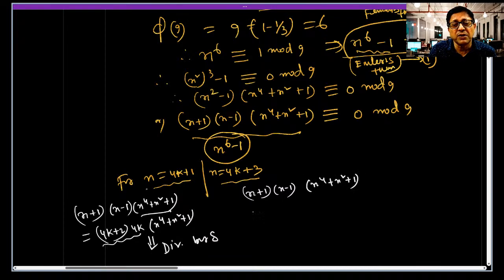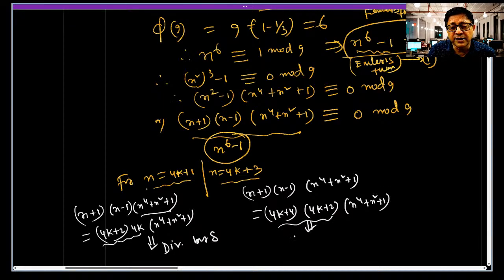n to the power 4 plus n square plus 1, no. Just put it here. It is 4k plus 4, 3 plus 1, and this is 4k plus 2. n to the power 4 plus n square plus 1, this thing again is divisible by 8.